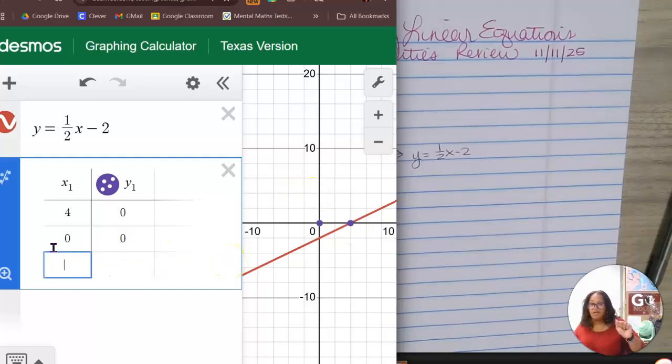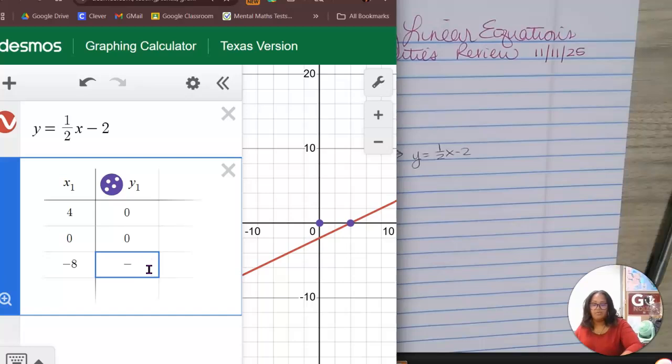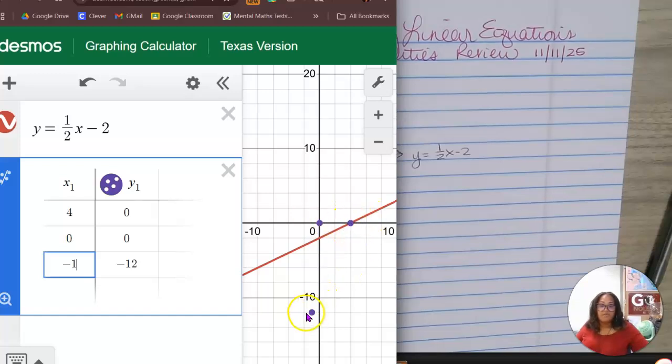And then I shade it above, and then let's find one below. Let's say -1, -12. Then these two would be in the solution set, and this one would not, because I'm not shading below it. I would be shading above it, and the solid line means that it includes those points on that line.